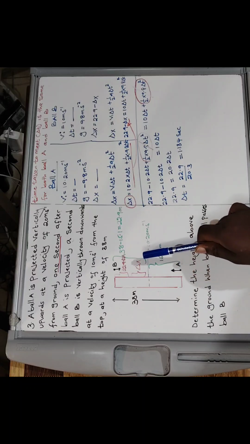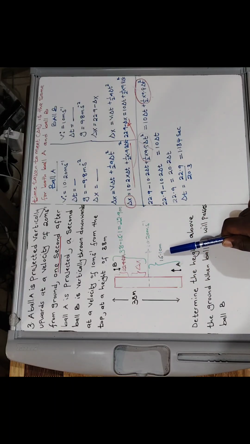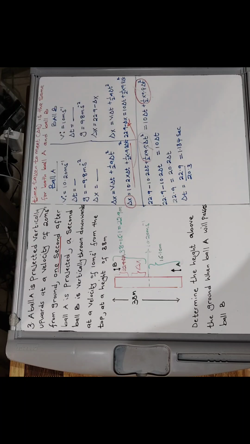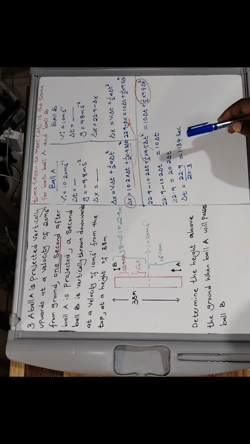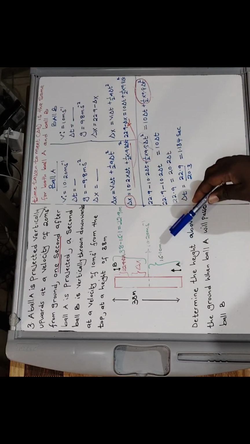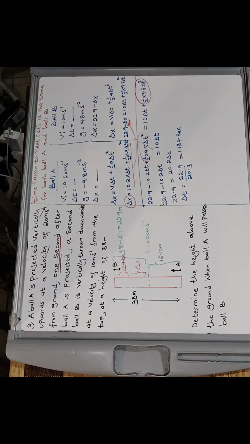That displacement covered, when you add it to 15.1, you'll get the height above which ball B passes ball A. So our next part is to calculate the displacement covered by ball A in 1.134 seconds. And that displacement, you add it to 15.1. Let us do that.